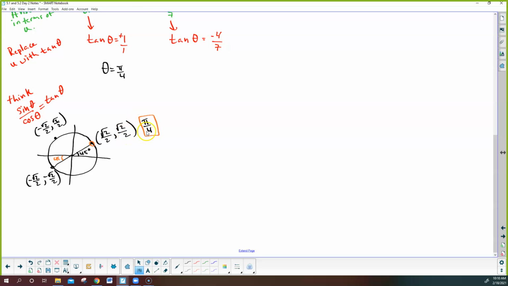If one of my answers is pi over 4, and I went to pi, a better way to think of pi in terms of fourths is this is 4 pi over 4. So if I go 1 past that, that would be 5 pi over 4. And that is my second answer for this part.